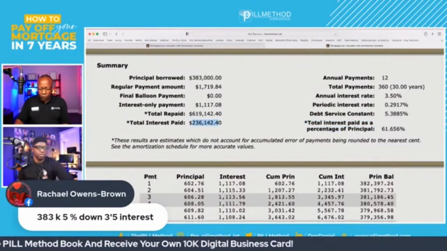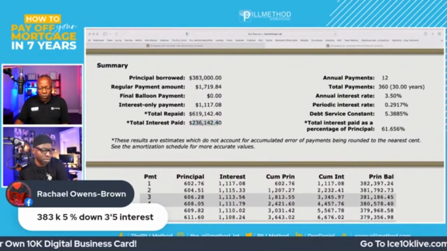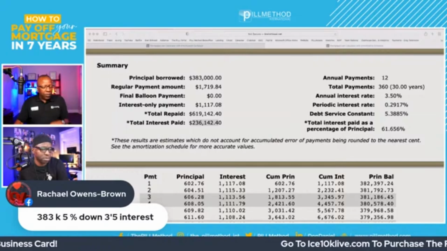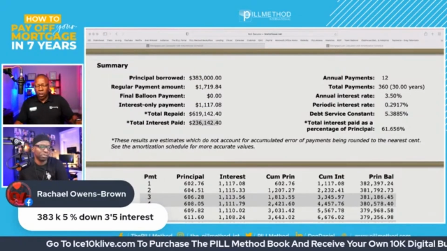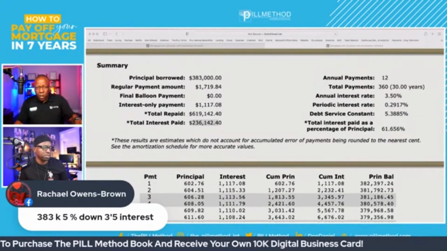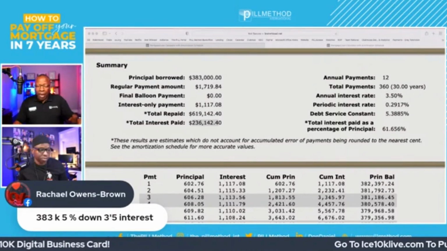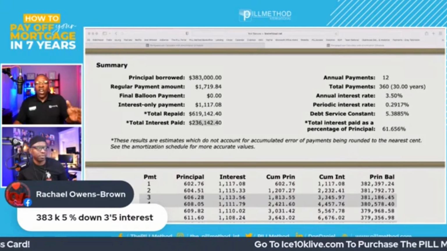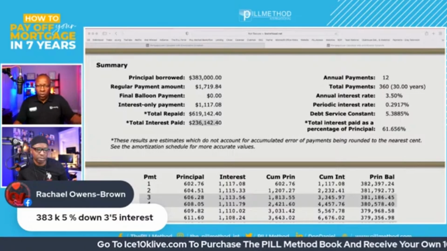Let me give you just an idea of what we do for most clients. For most clients, this loan will be paid off in 7 to 9 years. Not just this mortgage, though. We can pay off the mortgage, both car loans, student loans if they have them, and other loans, like the loans you get for your fence and the loans you get for furniture and all of that stuff.